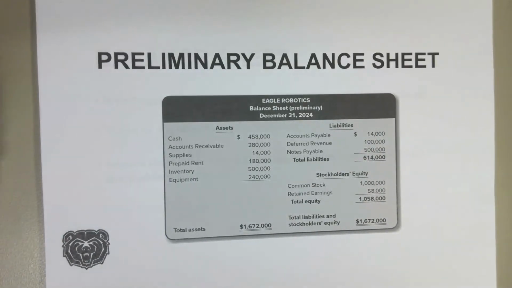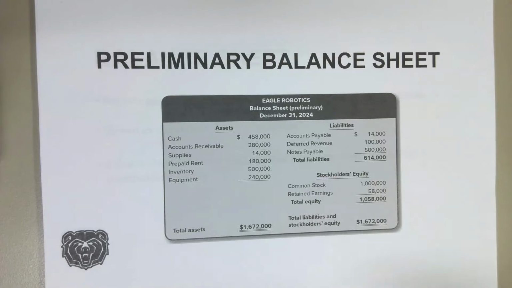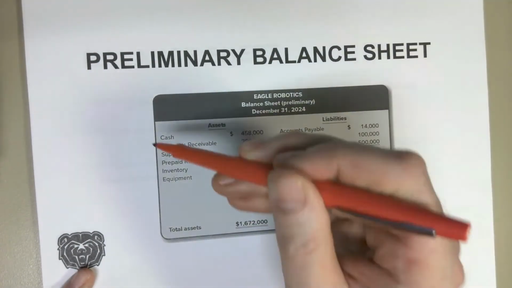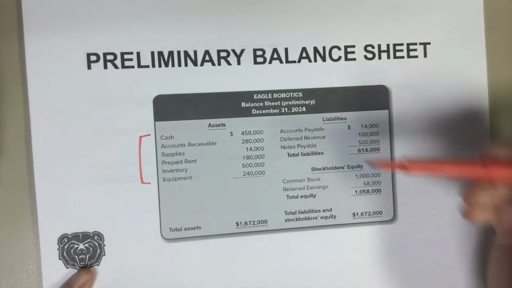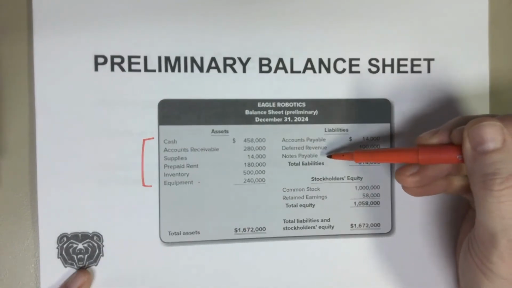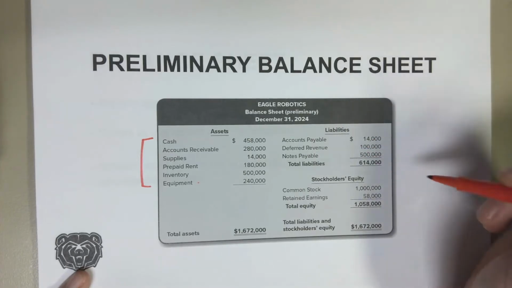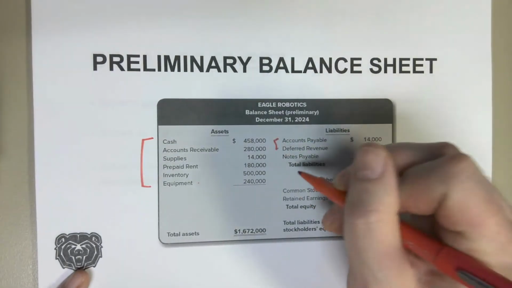Preliminary balance sheet's a little bigger, a little scarier looking. We dealt a lot more with, if you remember, going through and looking at how did this impact the equation. We dealt a lot more with assets, a lot more with liabilities, some with equity, particularly when it came to retained earnings. And those are all the things that go on your balance sheet, right? So here we can see our assets listed out in order of liquidity from most liquid to least liquid. And we've got accounts payable, deferred revenue, notes payable. Those are all of our liabilities. In this case, we've got 2 current and 1 long-term.